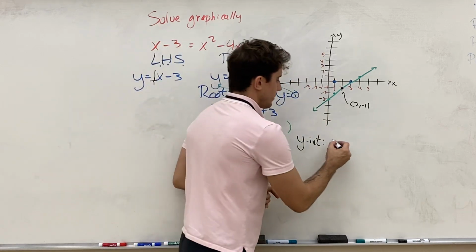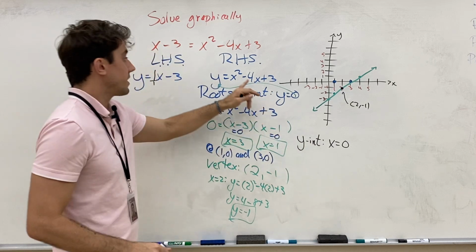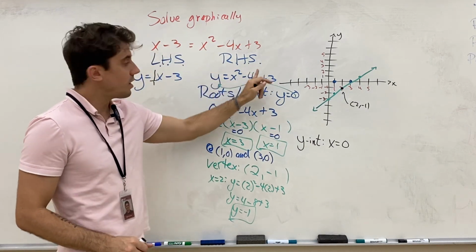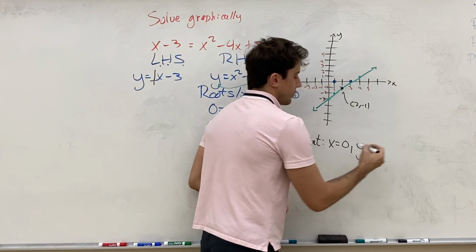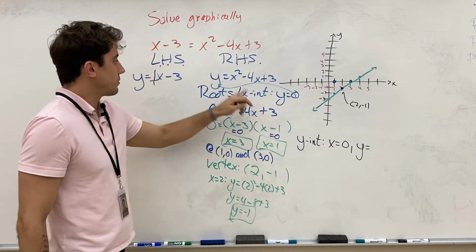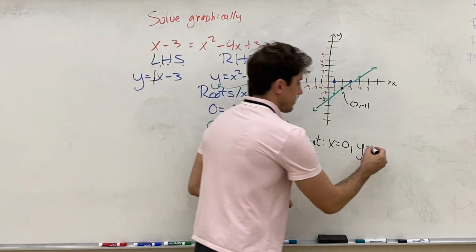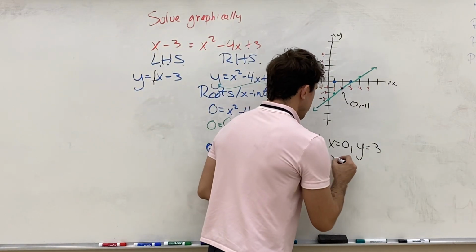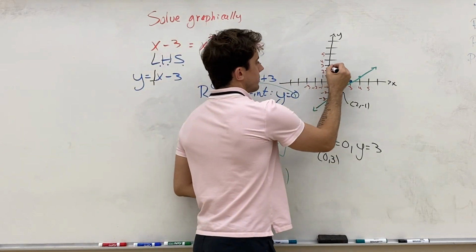So x has to be 0, and we can plug that into our equation for y and get the corresponding y-coordinate pretty easily. If x is 0, y is equal to 0 squared minus 4 times 0 plus 3, which of course is just 3. And so our y-intercept is at the point 0, 3 up here.